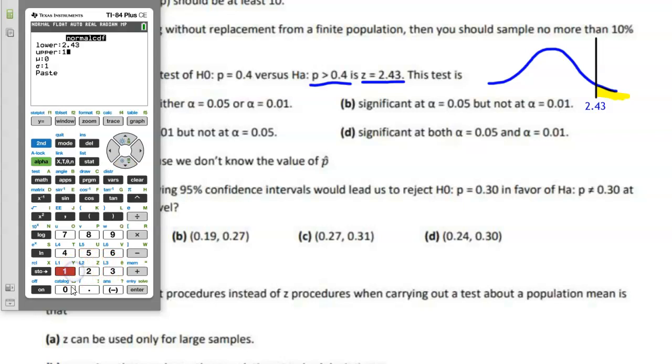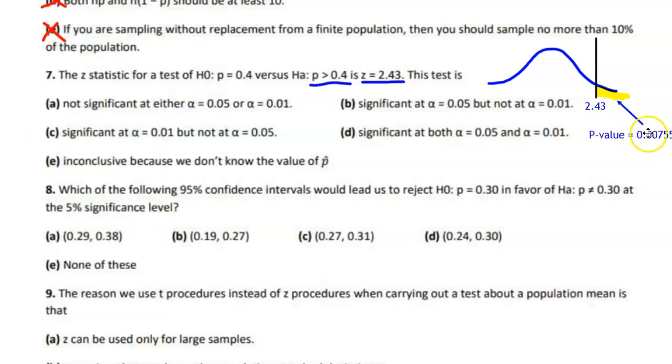Of course, you know that we use 10 to the 99th. I don't have to change the 0 and 1 because this is a standardized test statistic, which means the mean is 0 and the standard deviation is 1. So it looks like my p-value is going to be 0.00755, rounding to 5 decimal places.